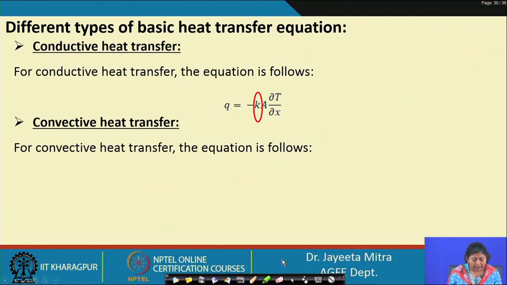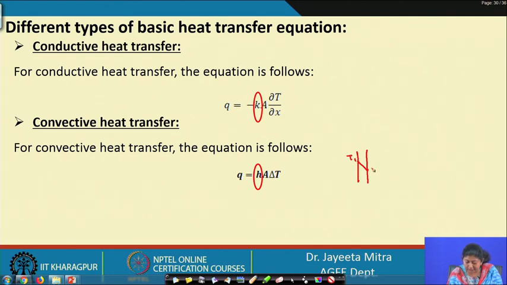And for convective heat transfer, the equation will be Q equal to H A delta T. This is involved when we have a wall where conduction is happening, with temperatures T1 and T2. However, there is an air layer, or for that matter any fluid, flowing past the surface.